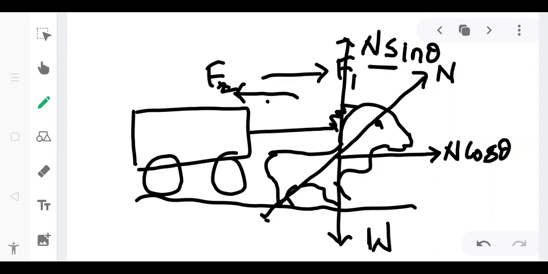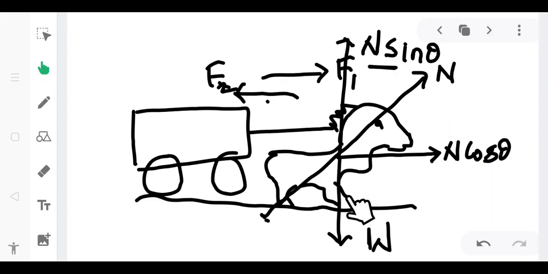So along the vertical direction, the net force has become 0. Here the horse is applying a forward force F1. It is the forward component, and this is again a forward component. Along the vertical direction, the net force is 0.